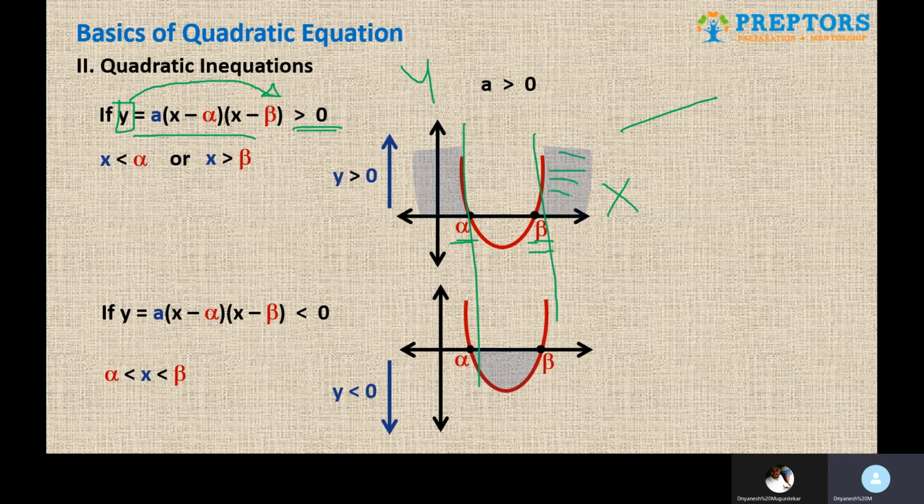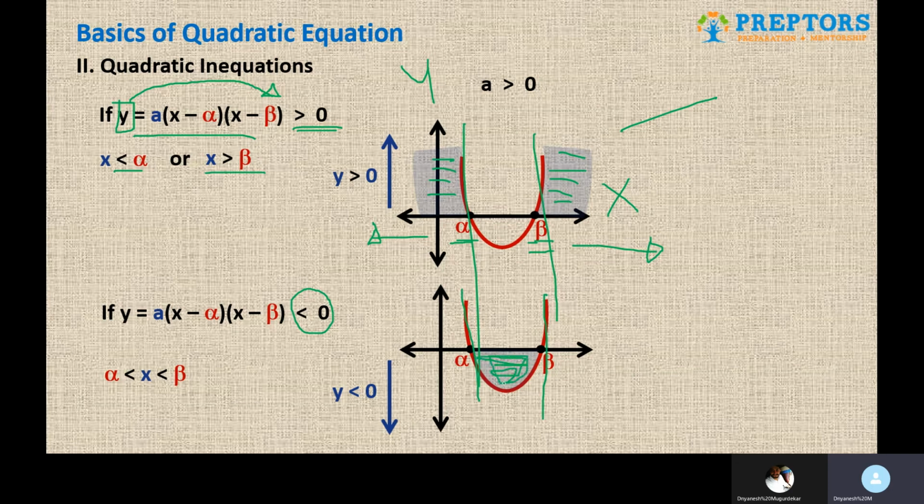So whenever the sign is greater, what are we doing? You can see we are going outside the range on both sides. On the left side, hence we are marking less than alpha. On the right side, we are marking more than beta. Obviously, common sense. But whenever the sign is less than 0, again the boundary is fixed, which is alpha and beta, the factorization values, and whenever it is less than, you need to stay within the range.